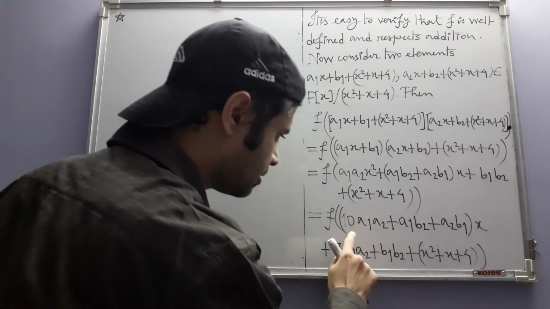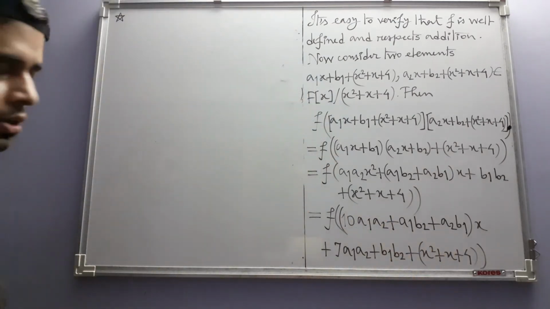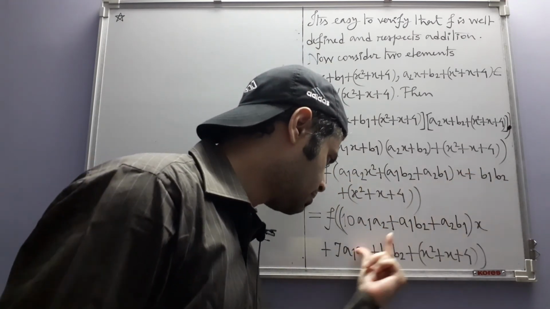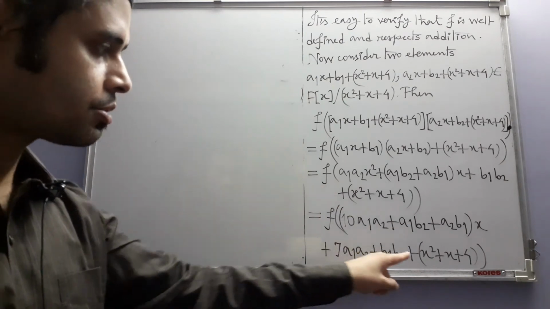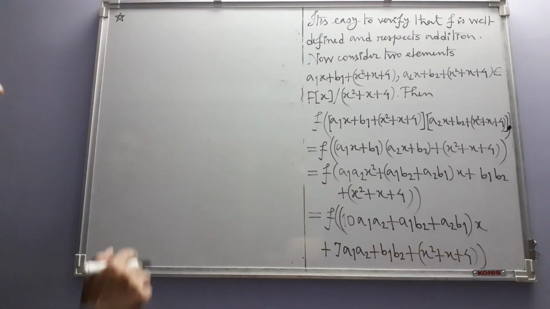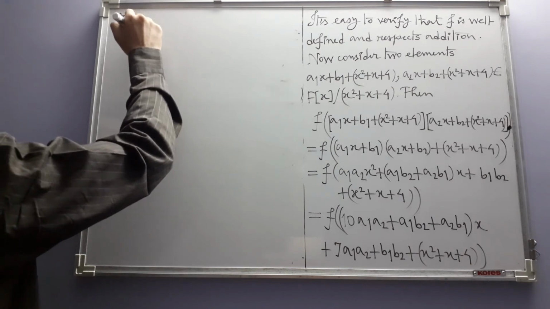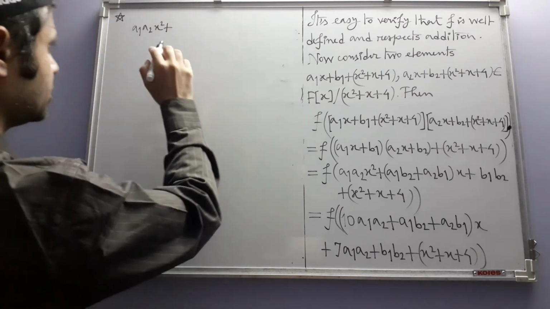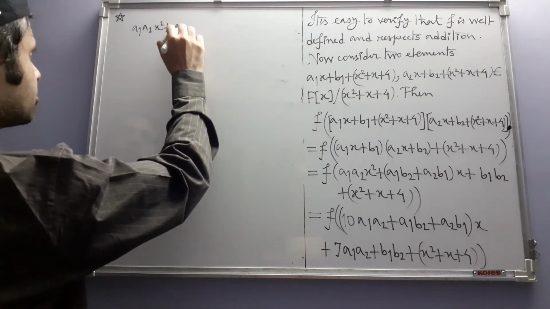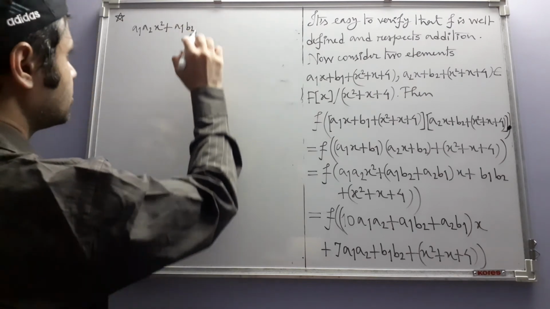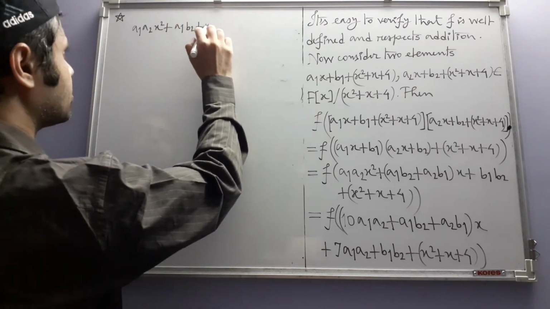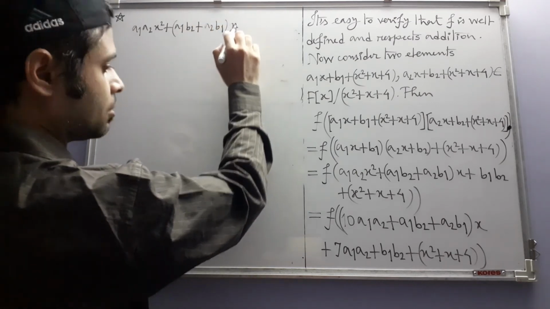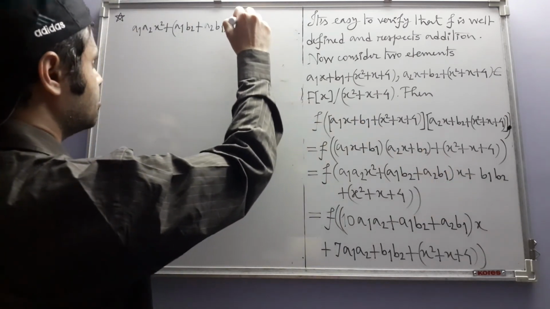This coset will be equal to this coset if and only if the difference of this polynomial and this polynomial belongs to this ideal. If we look at the difference, it's very important to actually make sure that we are correct at every step. A2 b1 x plus b1 b2.